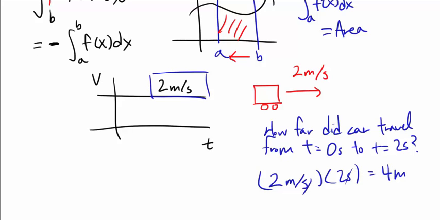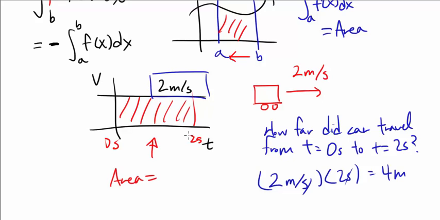And another way of finding this is by finding the area under the velocity curve from 0 seconds to 2 seconds. What I mean is, if we are going from 0 seconds to 2 seconds and finding this area, what is this area? We are going from 0 to 2, so the base is 2, and the height, because that's 2 meters per second, the height is 2.